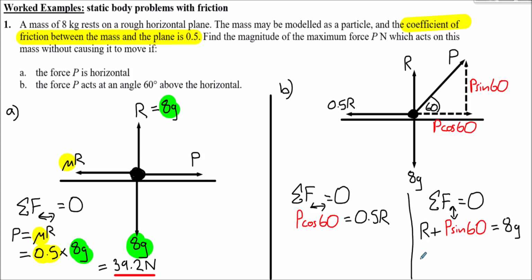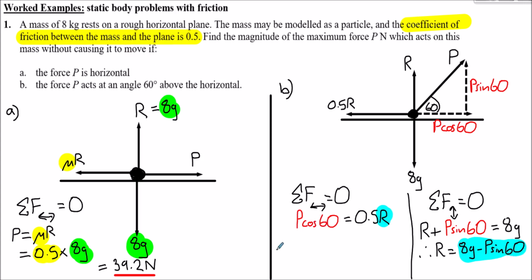So from here we can see that therefore R in terms of P will be 8G minus P sine 60. So the choice I'm making here, and there's often more than one choice, this question's no exception, I'm going to substitute this expression for R into here.